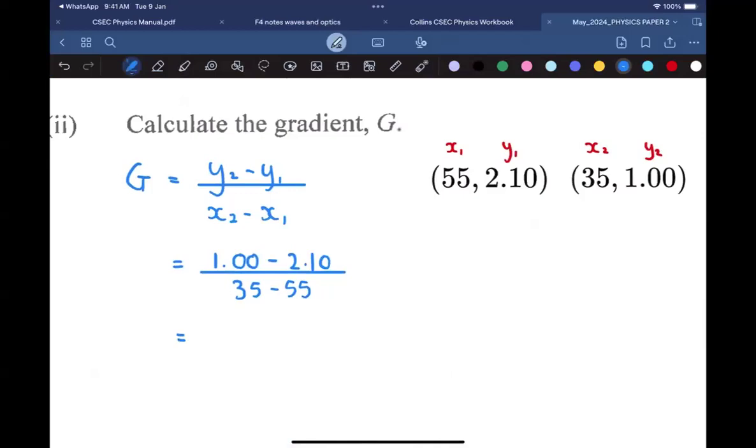Again, 11 over 200, which works out to be 0.055. How did you get that? Show me where you plug into the calculator.